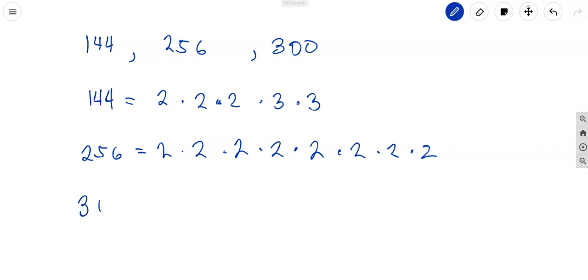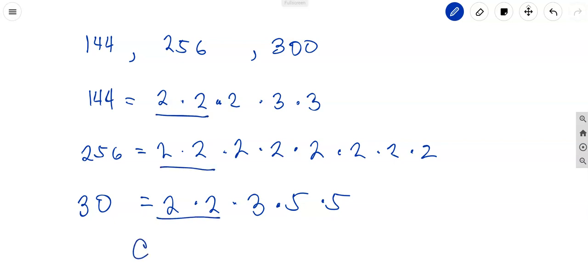And then for 300, we will have 2 times 2 times 3 times 5 times 5. What are the common factors of the three numbers? We have 2, 2, and 2. Therefore the GCF of 144, 256, and 300 is equal to 4.